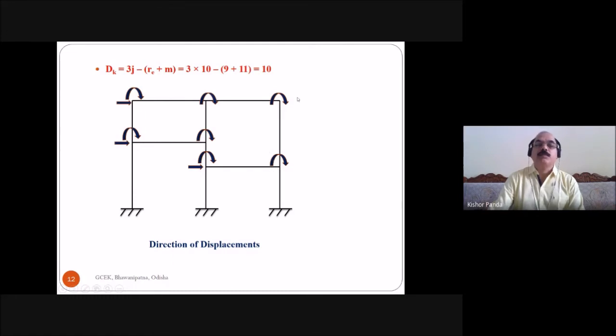So in the case of extensibility of the members, the degree of kinematic indeterminacy is equal to 21. At all joints there is a horizontal, vertical and rotational displacement. So the total is 21. But for inextensibility of the members, the degree of kinematic indeterminacy is only 10, and these are the displacement directions. Now you are clear on the case of inextensibility and the case of extensibility of the members.